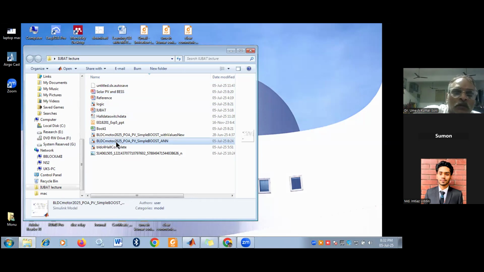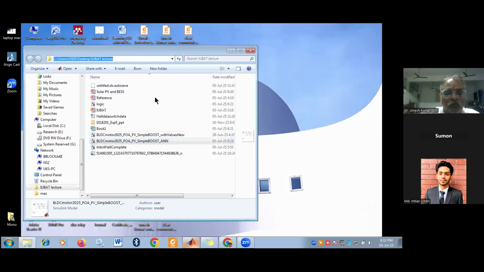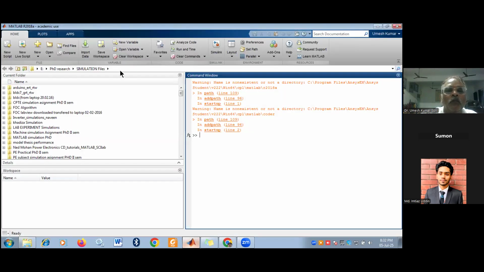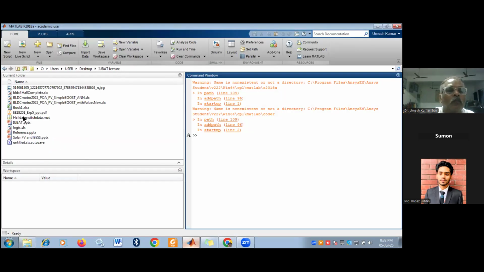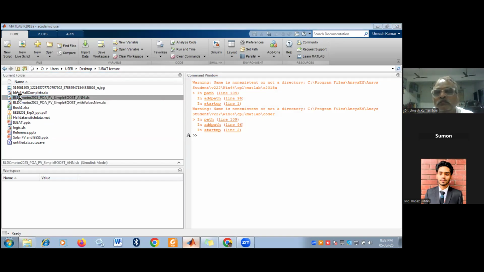Simple, we have one complete controller with PID and another complete controller with ANN based solar PV, MPPT control and PWM control. Just let it open. Is my screen visible?